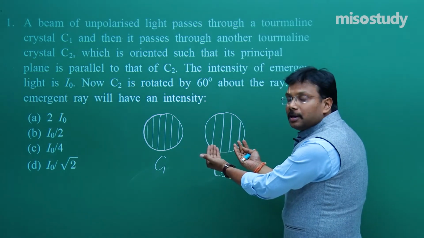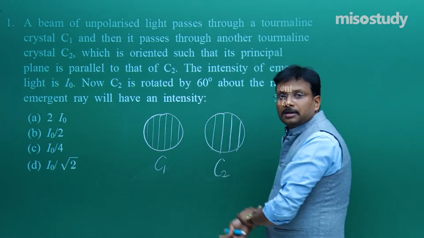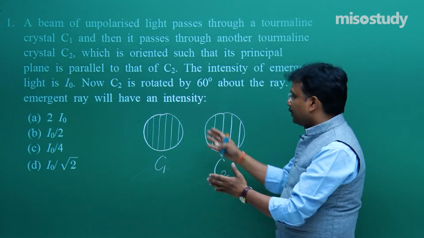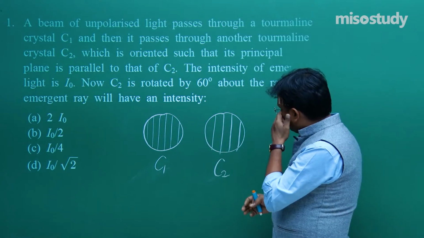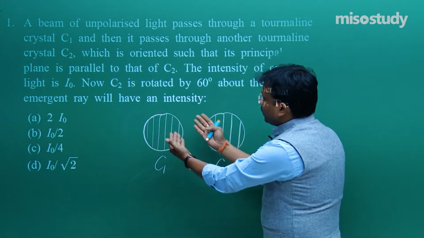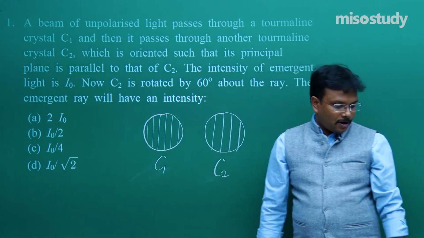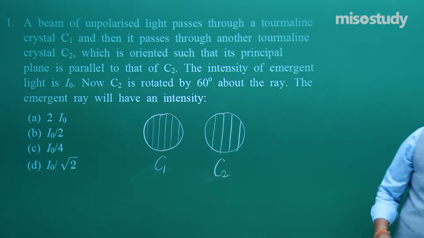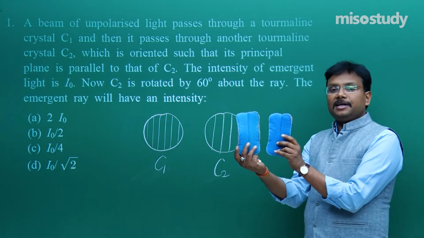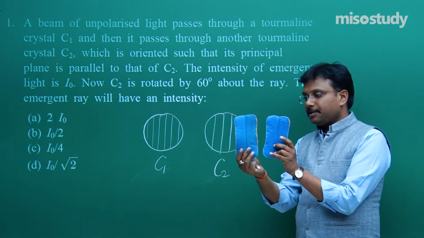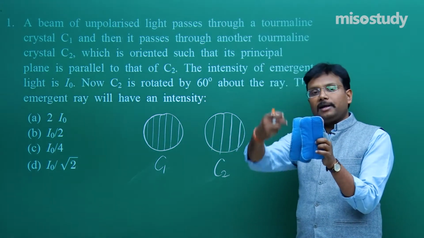Pick these two crystals and place them on each other, that is parallel, or else try to rotate one crystal with respect to the other. Say, for example, with the help of a duster, I would like to show you. Let us say these are two tourmaline crystals, and the light passes vertically downward.